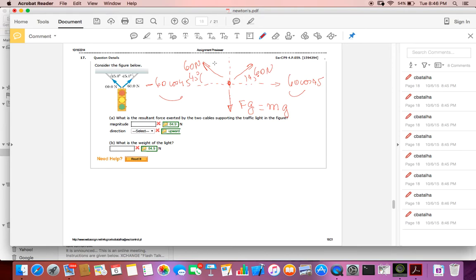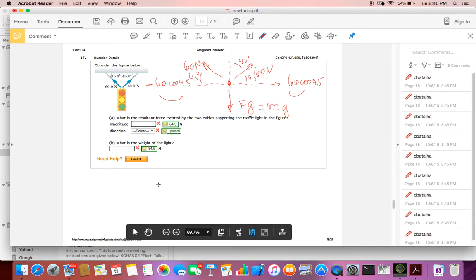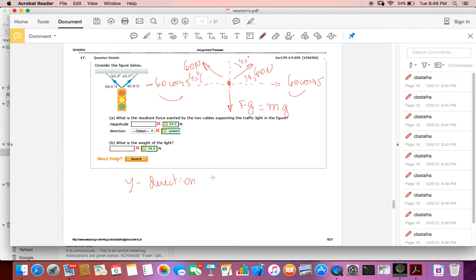But when you project these 60 newton forces on the y-axis, the angle is 45 as well. So in the y direction, for the force on the right-hand side, you get 60 sine of 45.